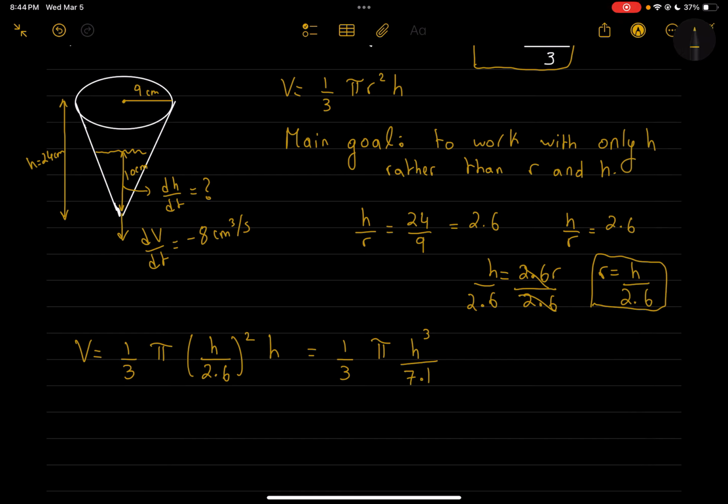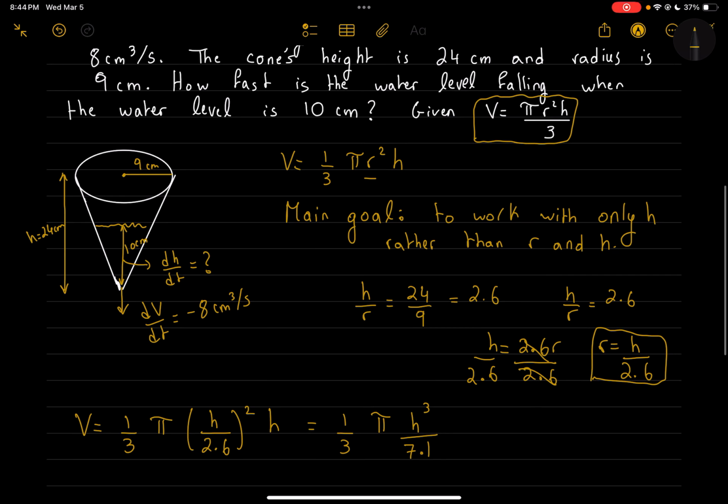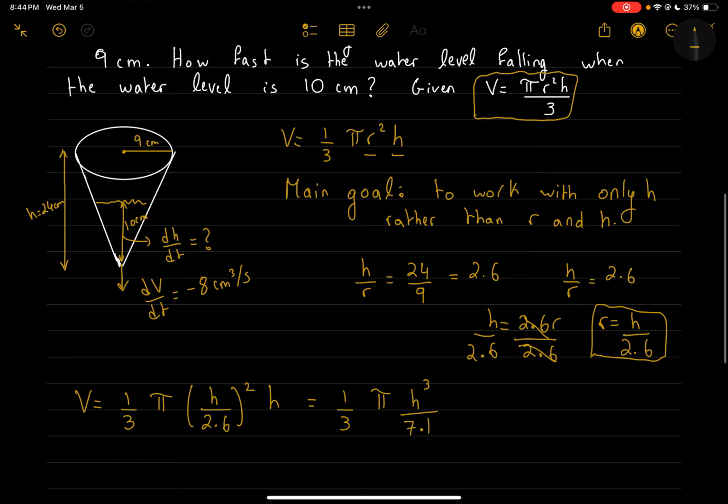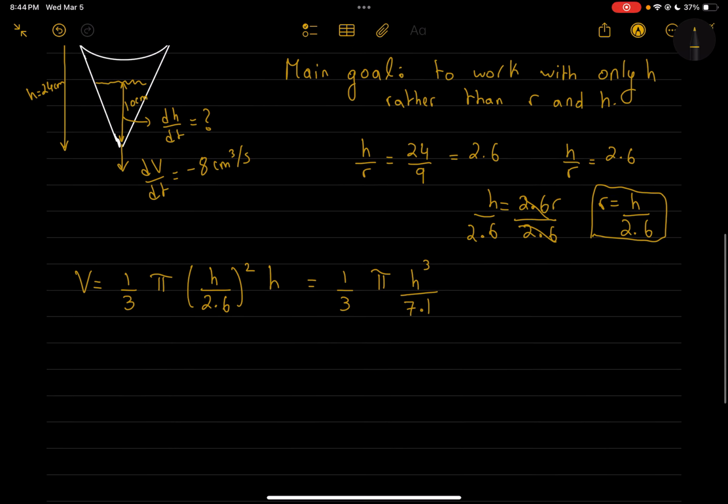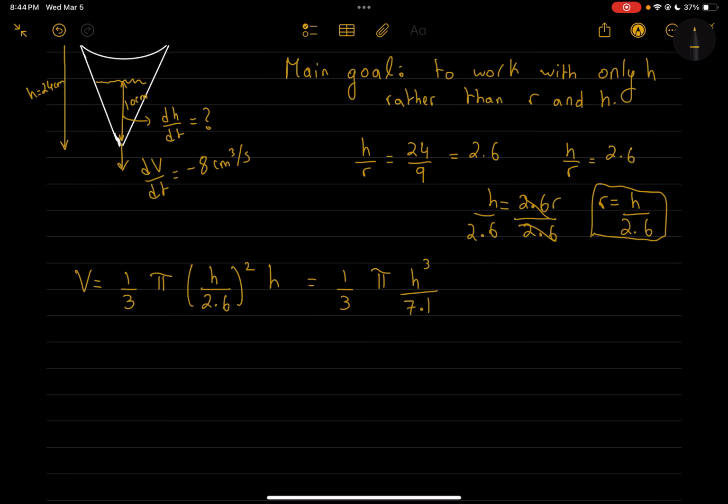So now we accomplished our goal. We had r and h in our equation, but now we only have h, so it's so much easier to work with. It's so much easier to find the derivative for. We don't need to use the product rule anymore. So when we differentiate, we're going to differentiate the left side and the right side.